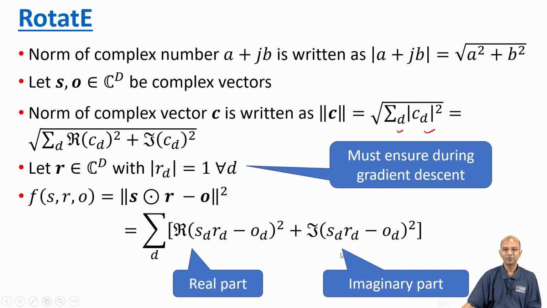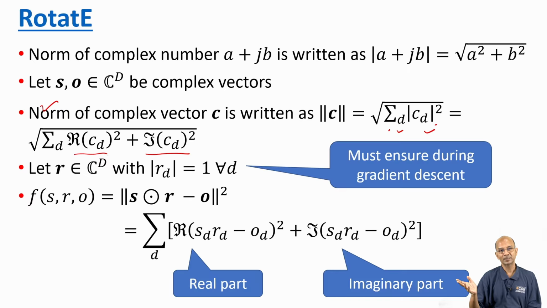And then finally, we will keep squaring those, add them up, and take a final square root on top of them. It's easy to see that basically what we are doing is taking all the real parts, squaring them, taking all the imaginary parts, also squaring them, adding these up, and taking the square root over the whole thing. So that is defined as the norm of a complex vector.